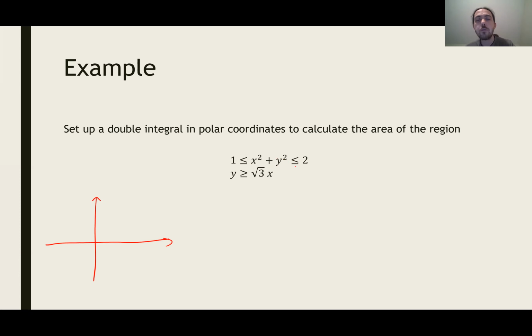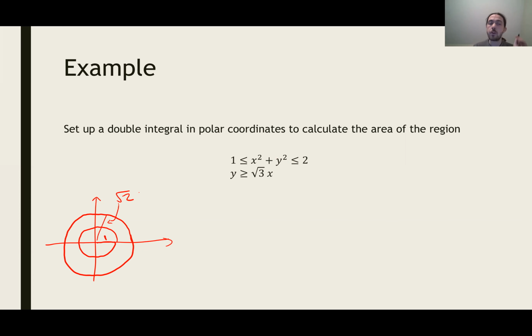Here, x squared plus y squared is greater than or equal to 1. That's the region that lies outside a circle of radius 1. And x squared plus y squared less than or equal to 2 is the region that lies inside a circle of radius square root 2. So we already know part of our boundaries in polar coordinates.